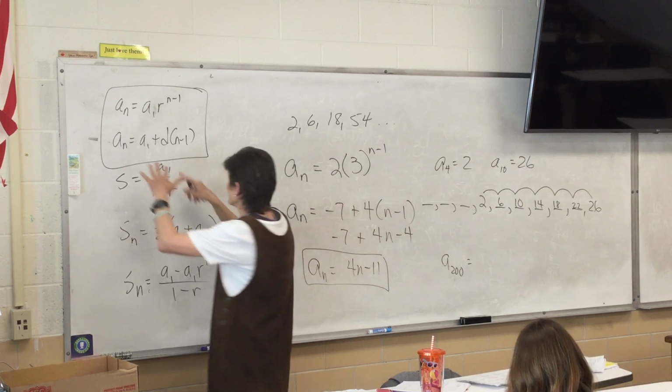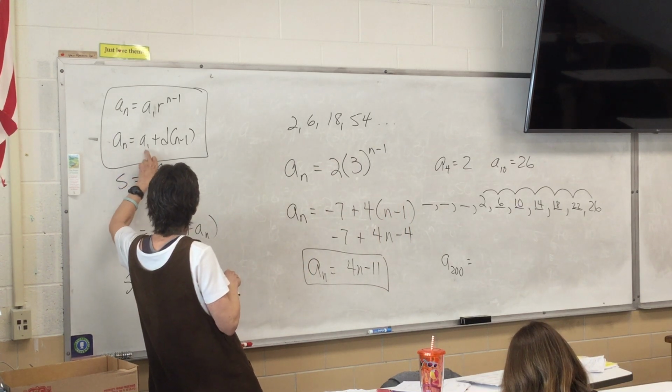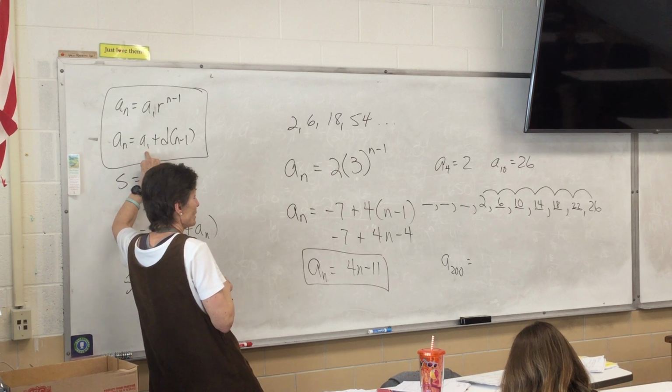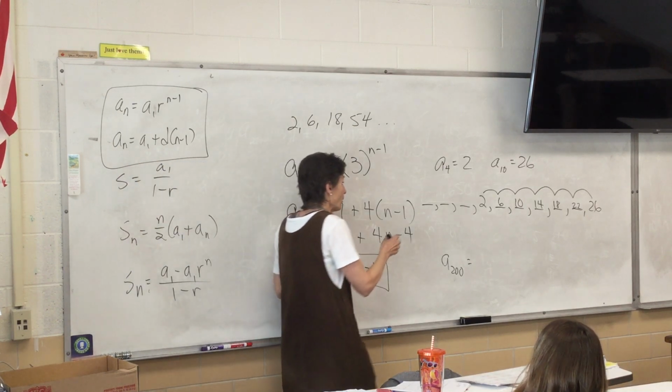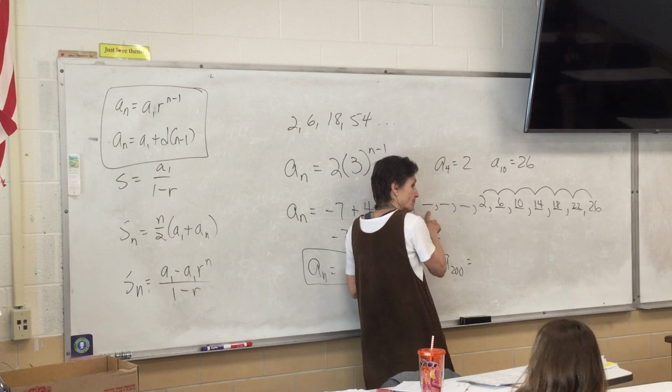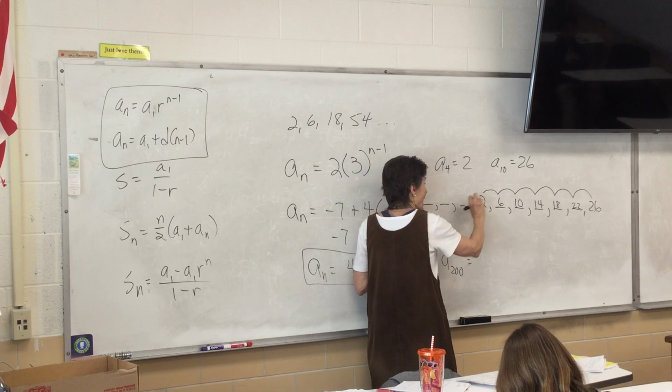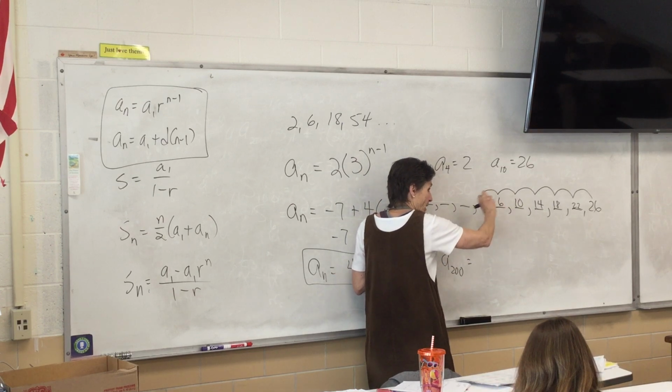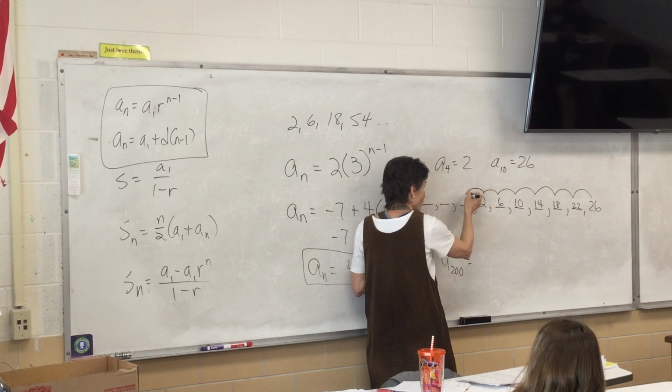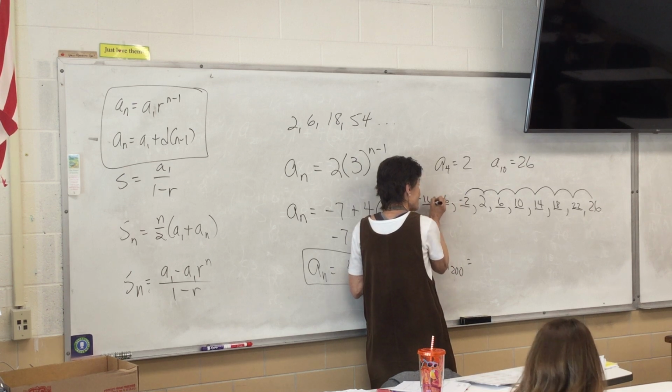This is an A formula for arithmetic. What do I need to know to use this formula? A sub 200, what do I need to know? Oh shoot, I don't know the first term. How am I going to figure out the first term? If I added 4 going that way, then I'll minus 4, minus 4, minus 4.